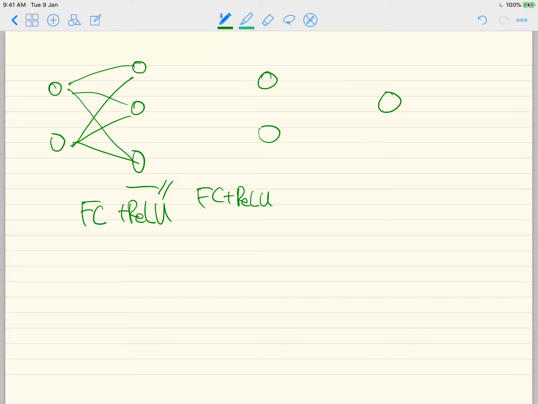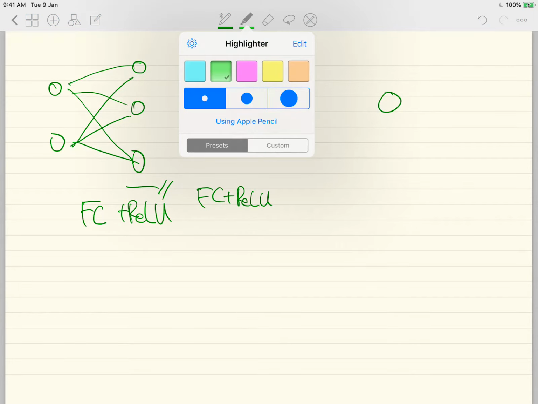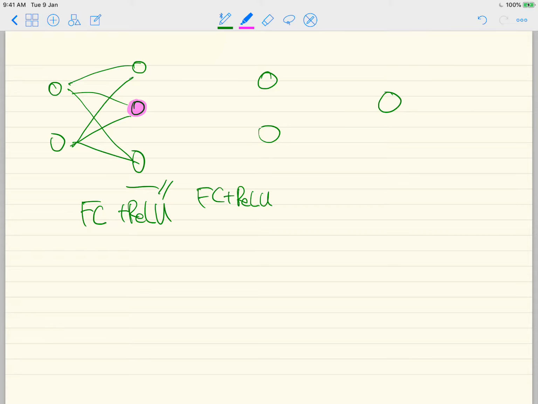So suppose we stacked these three layers. After the training is done, or the gradient descent update has converged, we found that this node is actually a dead ReLU, and this node is actually another dead ReLU, right?